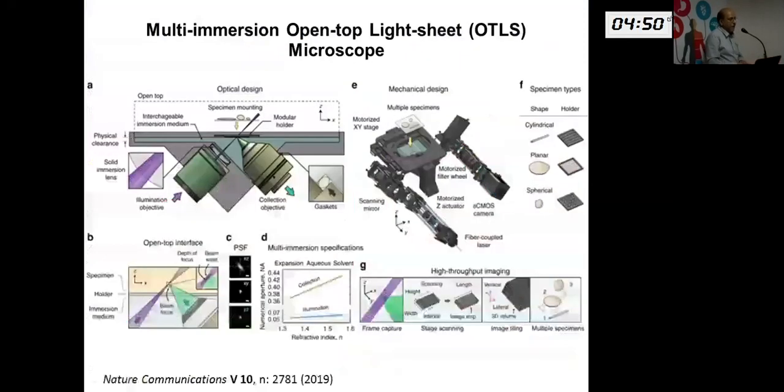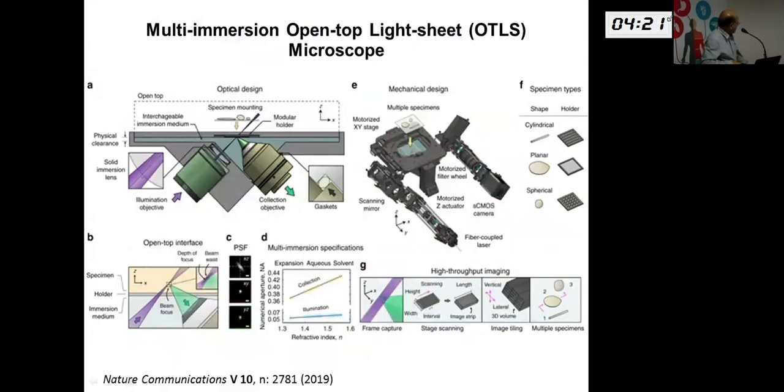Now coming to a few techniques which you are likely to hear more about. This is a multi-immersion open top light sheet microscope. Sounds terrible, but multi-immersion because you can keep multiple specimens mounted in some sort of a liquid tray here, which is, can you see the top of it?